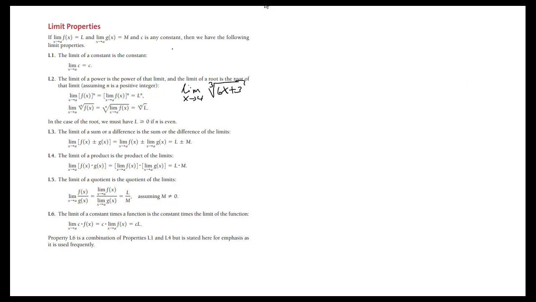Now let's see what happens if we want to find the limit when x approaches 4 of the cubic root of 6x plus 3. Well, again, using the property of the limit, we can write it this way.